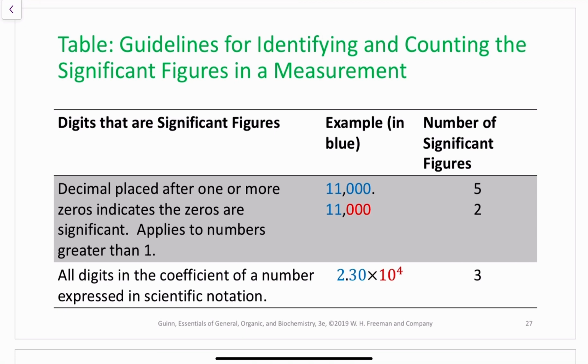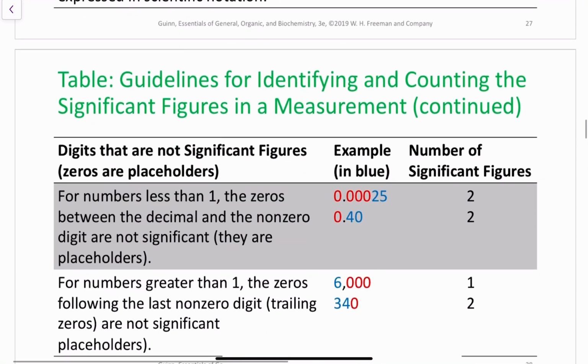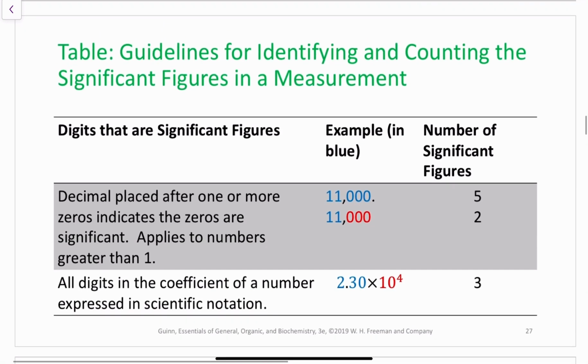The first rule says a decimal placed after one or more zeros indicates the zeros are significant.